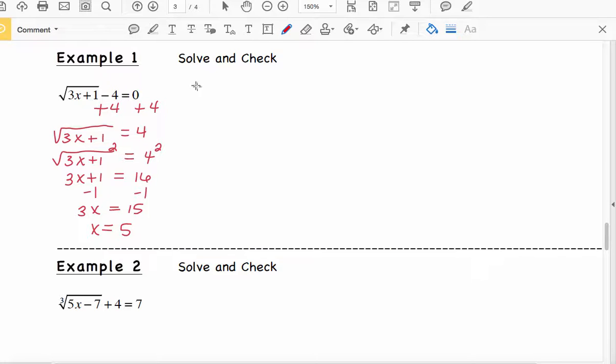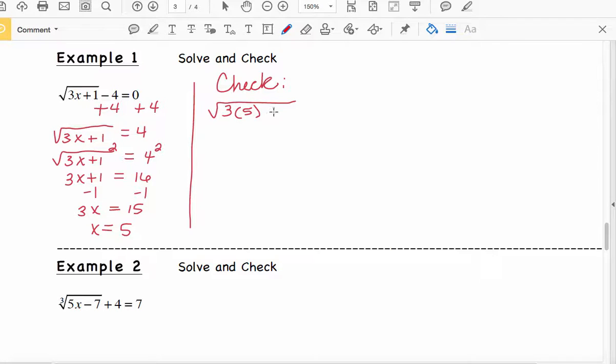Now you need to check your answers when you are solving a radical equation. And so I'm going to go ahead and take the 5 that I got and substitute it back into my original equation.